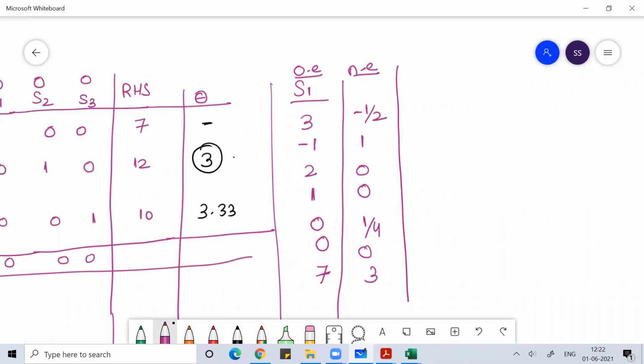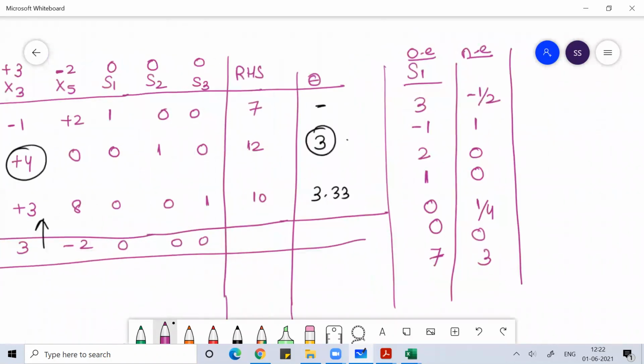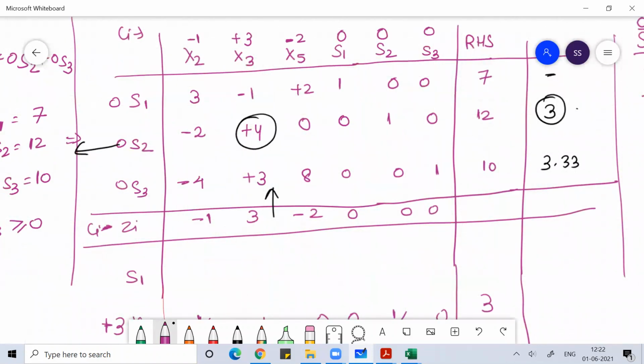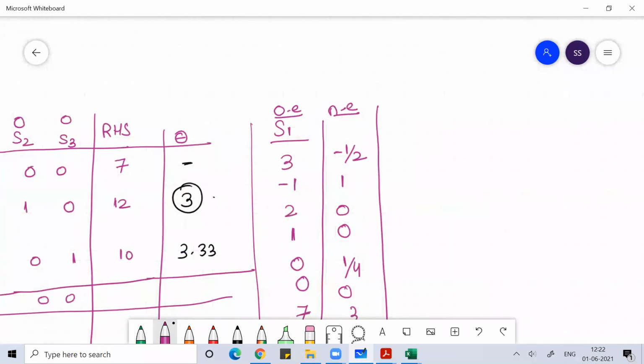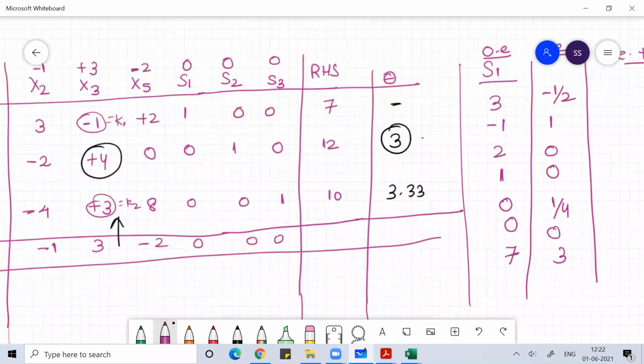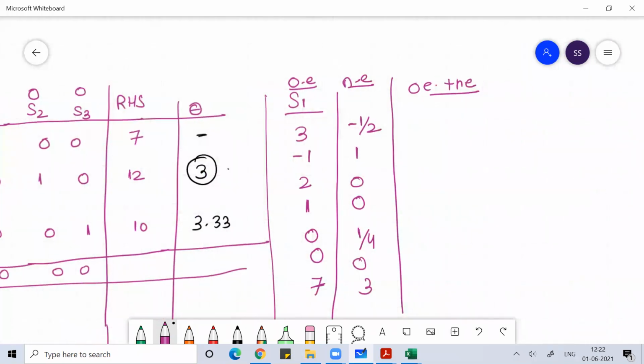For S1, the constant is -1. So you can use the formula: old element minus constant times new element.